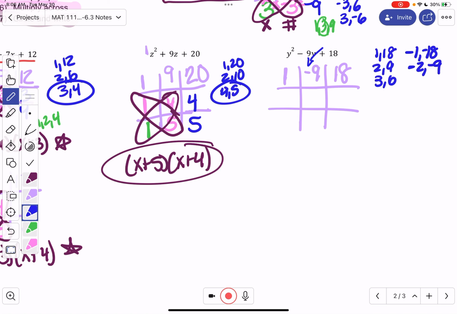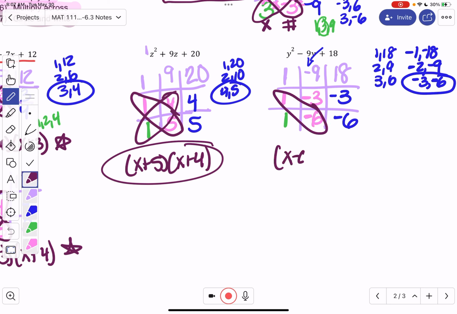Negative 2 times negative 9, and negative 3 times negative 6. Now, those multiply to get 18 and add to get negative 9. Rest of the steps are the same. Greatest common factor of 1 and 6. Multiply up, multiply across, circle and write. So x minus 6 and x minus 3.